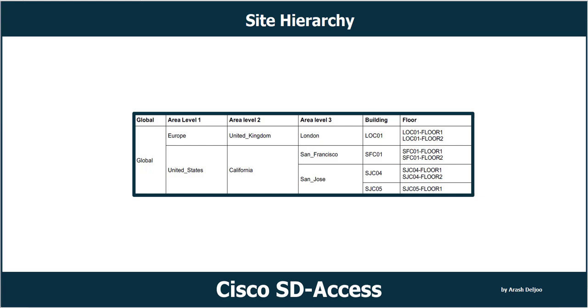They can then drill down into this representation to view the network at a more granular level. Let me show you, and after that we use this table for configuring our site hierarchy. We will use this site hierarchy in future videos.